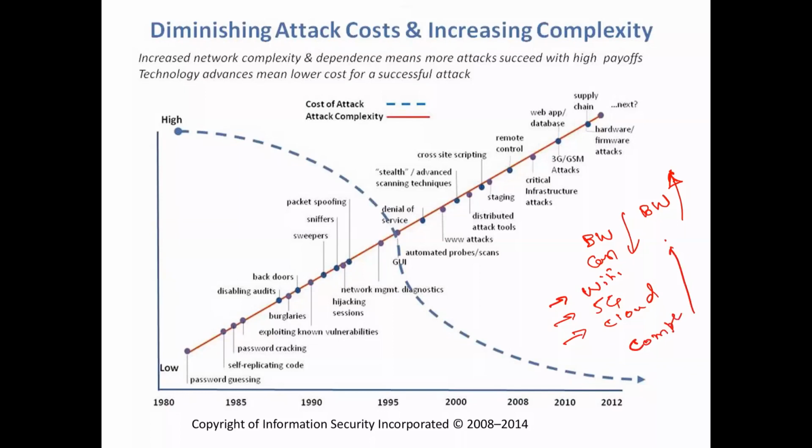As the complexity of systems around us is increasing, the number of attacks is also increasing. Okay, at the same time, the cost of attack is decreasing very fast, right? How much money will I spend as a criminal, a cyber criminal, to do an attack, right?